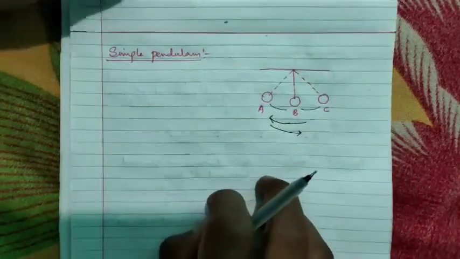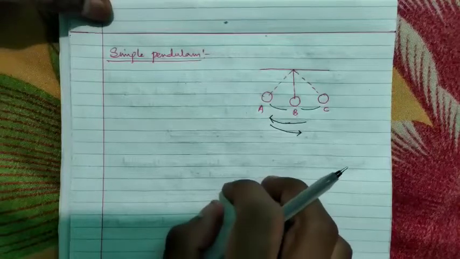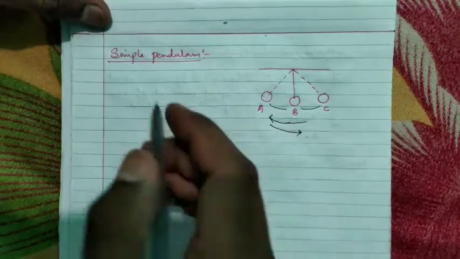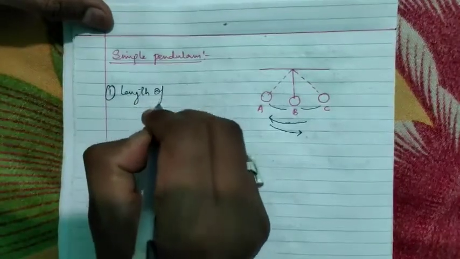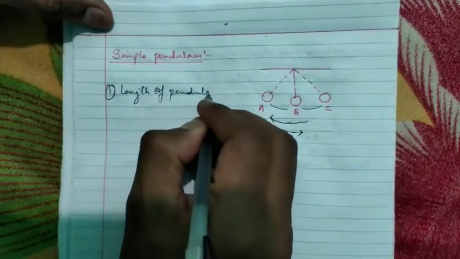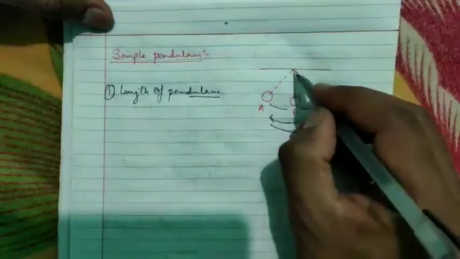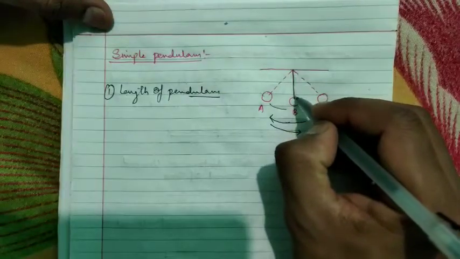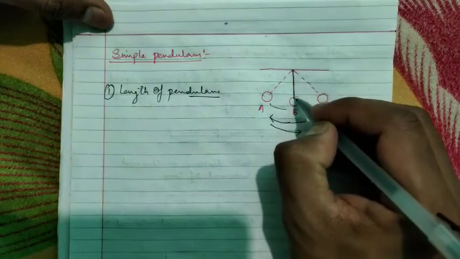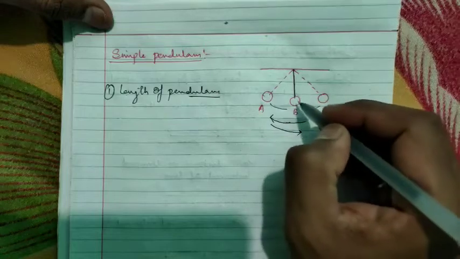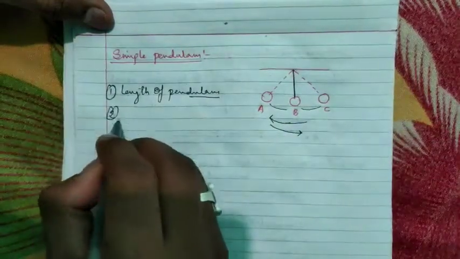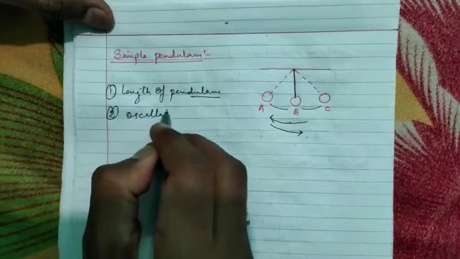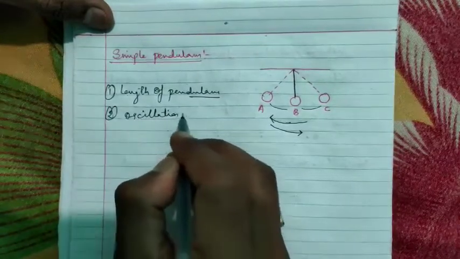There are certain terms which we have to study in this class. First is the length of the pendulum. The length of the pendulum means the length of the wire or string attached to the pendulum. Second, we will see oscillation.